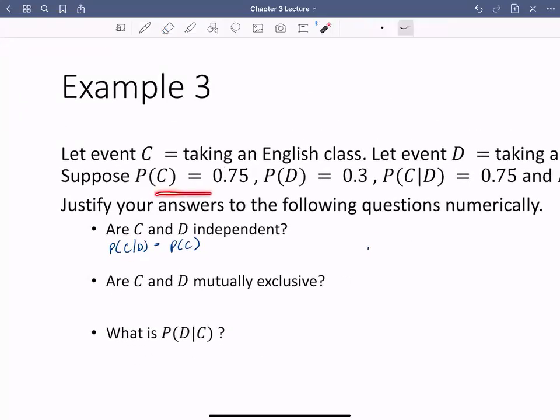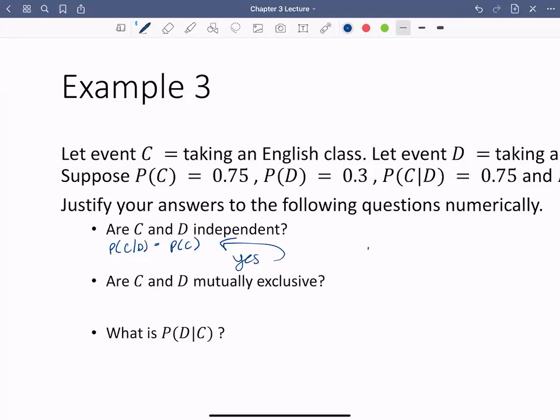It says the probability of C is 0.75, the probability of C given D is 0.75. Well, they equal, so the answer is yes. And the answer is right there, because the probability of C given D is the probability of C.